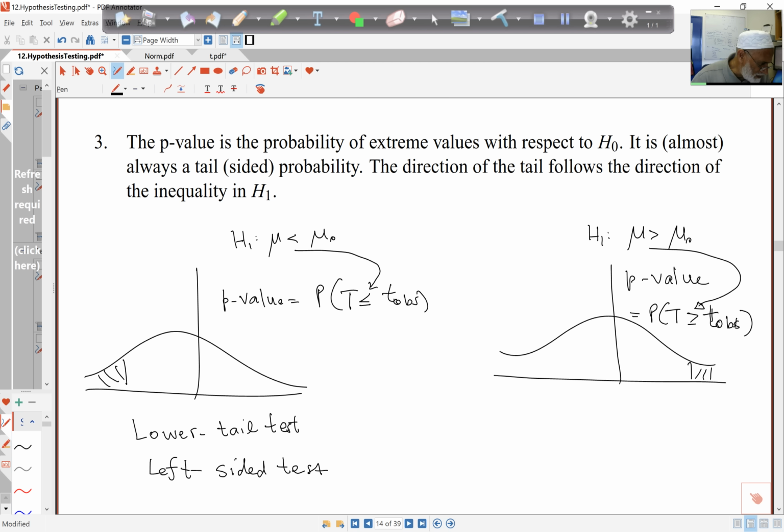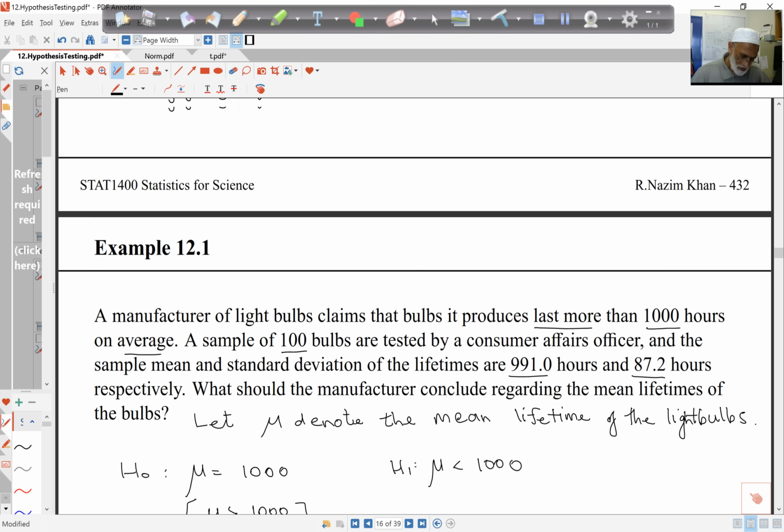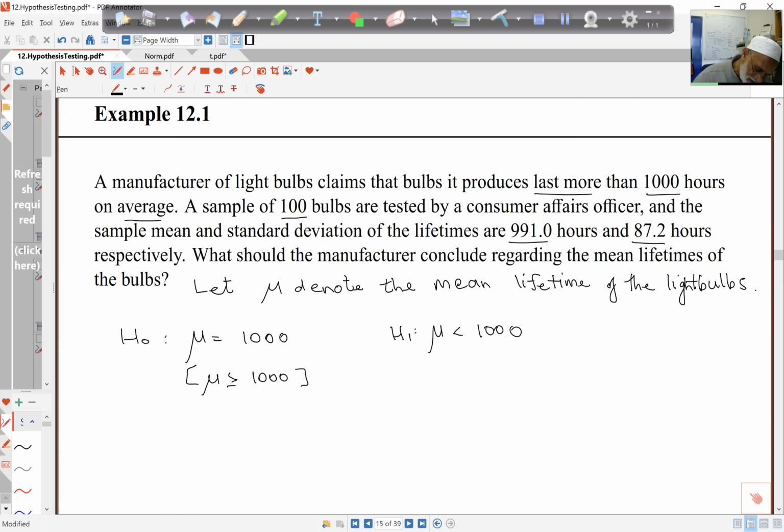And so this other one is going to be a right-sided test. So in this example, what we have is a left-sided test.